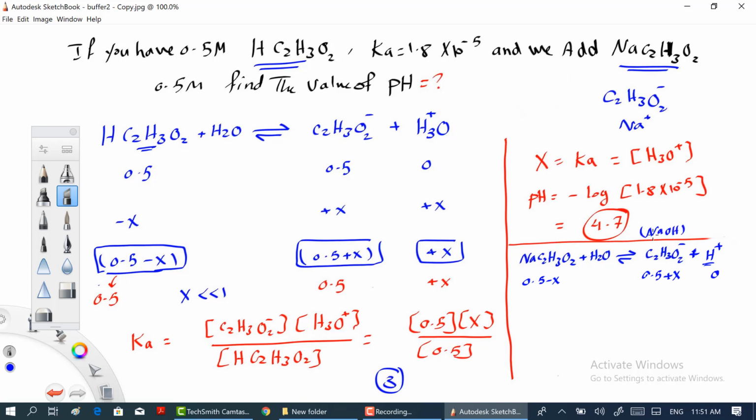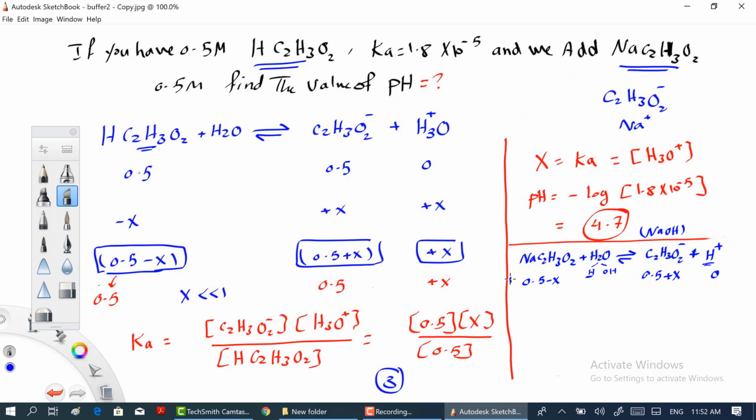We are only talking about the hydronium. Sodium reacts with water, dissociated into H and OH. Na is attached with the OH, but in this case we're talking about the buffer, not the effect of the OH in the solution. We are going to talk about the effect of the acetate and the hydronium, and only study the case of the H positive.